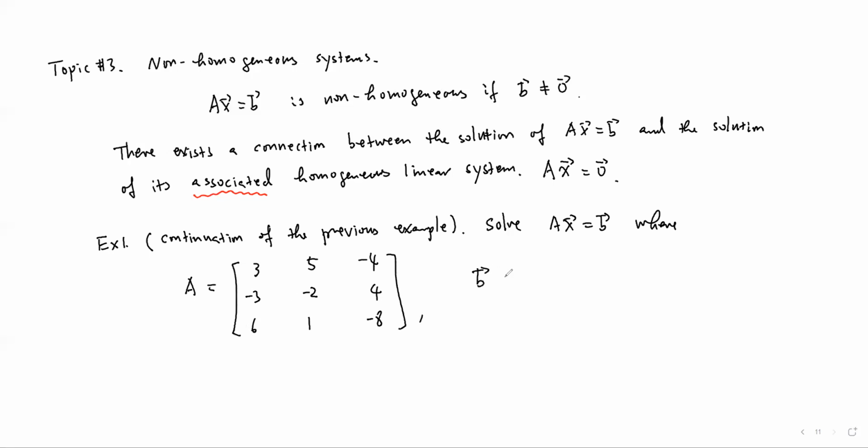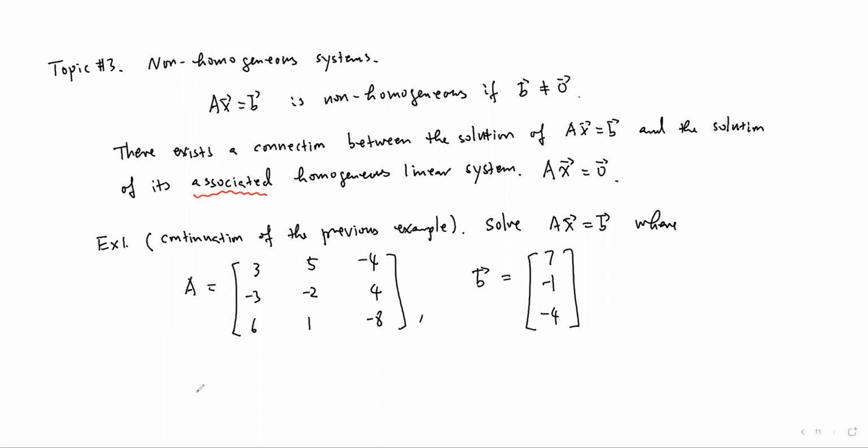But the right side is (7, -1, -4). Now I solve this linear system. Then we will see that indeed there is some connection between the solution of this non-homogeneous linear system and the solution of the corresponding homogeneous linear system.